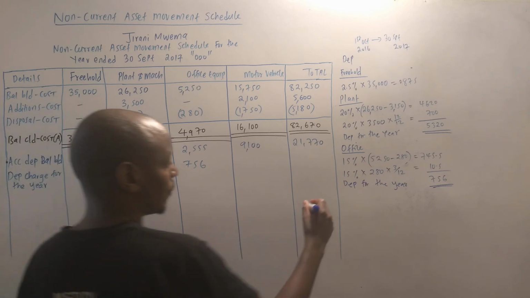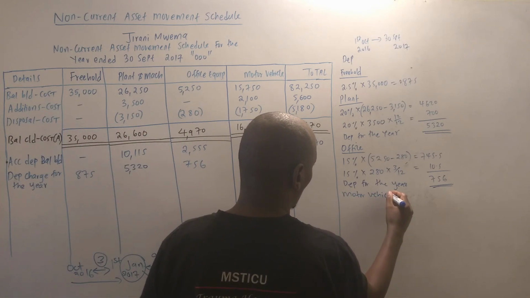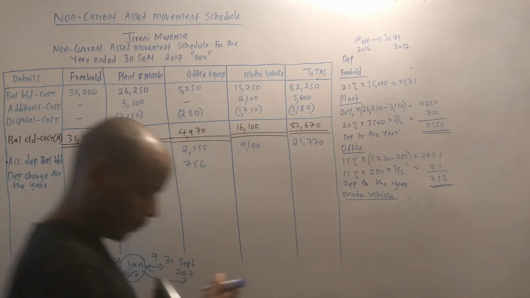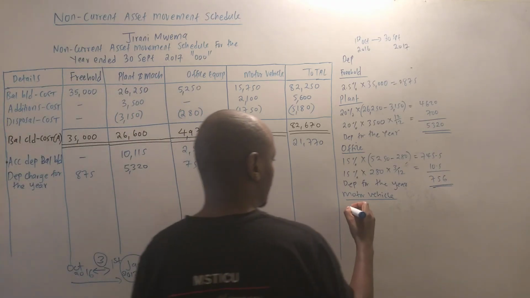Then we go to the motor vehicle. Motor vehicle, they say 25%. So motor vehicle is 25%.